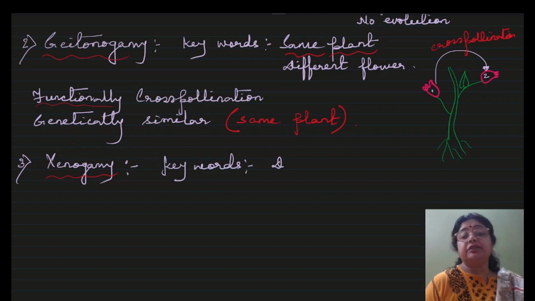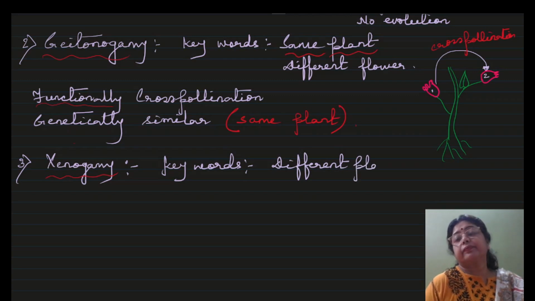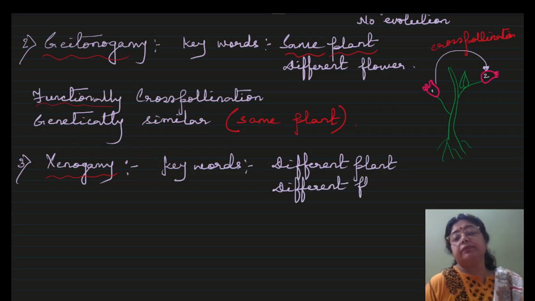See, different plant, different flower. So that is the difference between geitonogamy and xenogamy. But always remember, same species. Species should be the same.